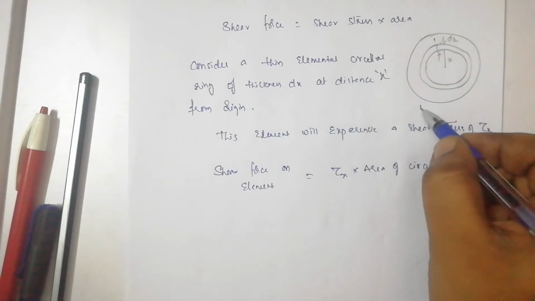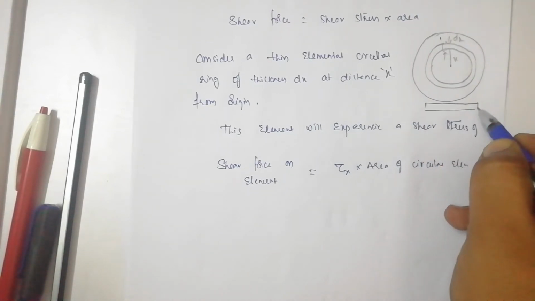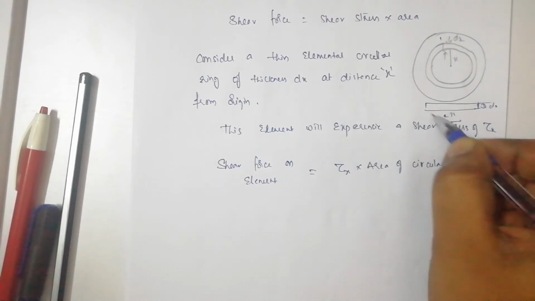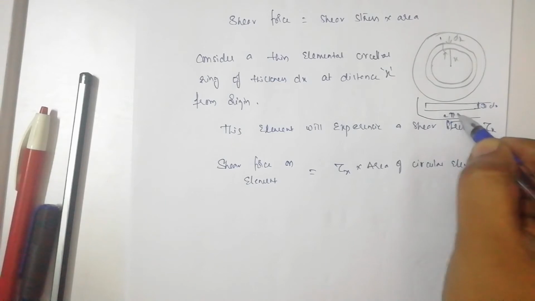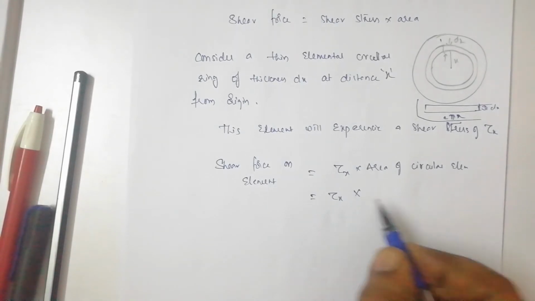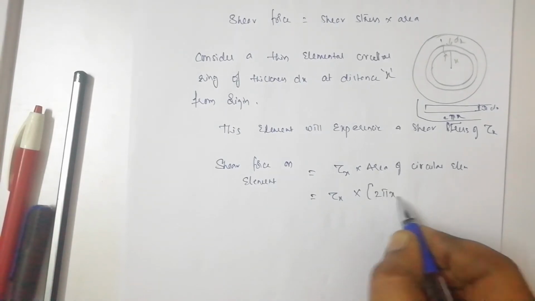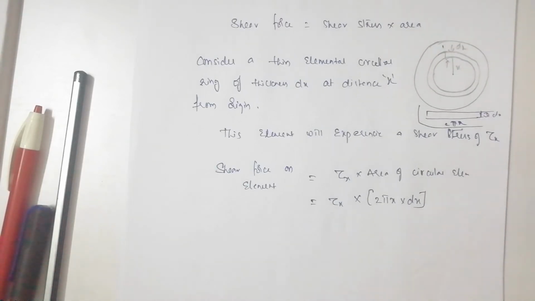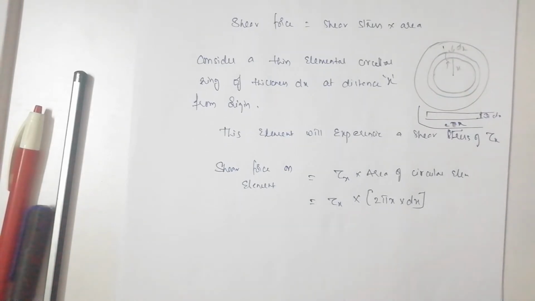If I extend it, it will become like this, correct. The thickness is dx, and the length will become the circumference of the circle, which is 2 pi x. So the shear force is equal to tau x into the area, which is 2 pi x into dx, because the shear stress will act parallel to the surface, it will not act along the axis, it will act exactly parallel to the surface. So, this is the shear force acting.